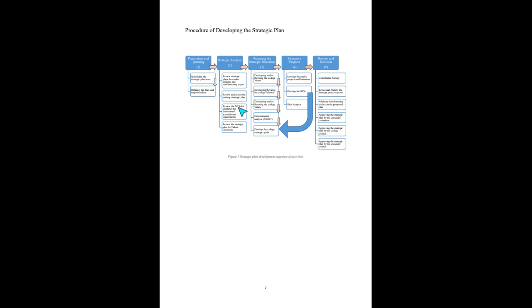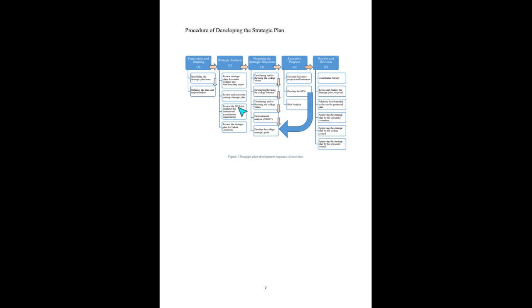And the university also, when they develop their plan, has to look at the Ministry of Education strategic plan. So this is how it works. You have to go and review the bigger umbrella or the bigger divisions in your area.